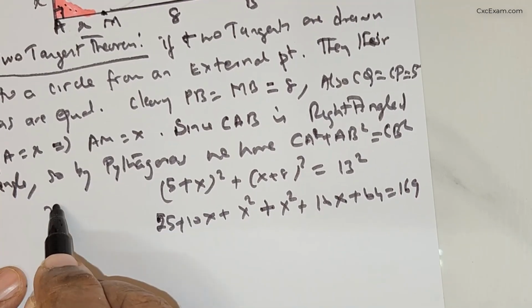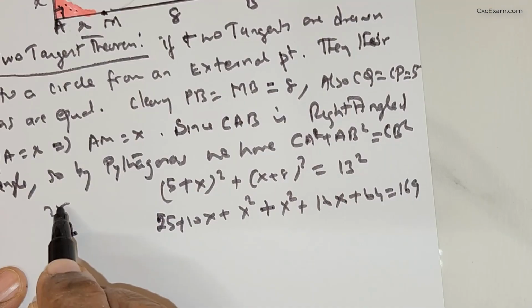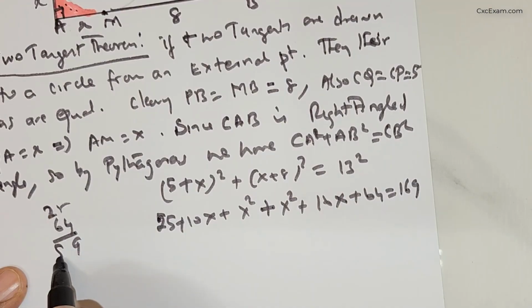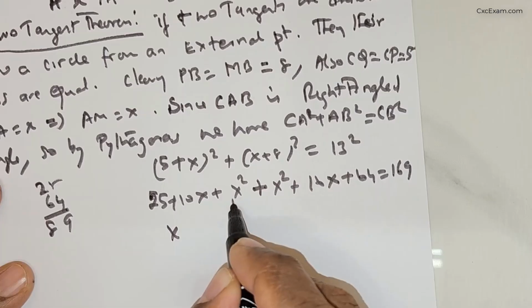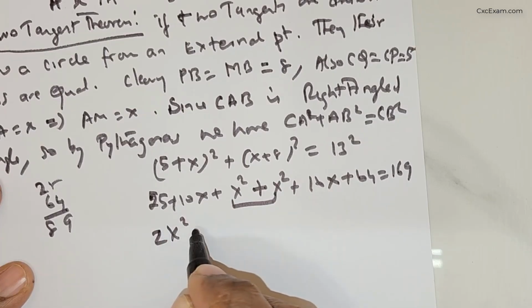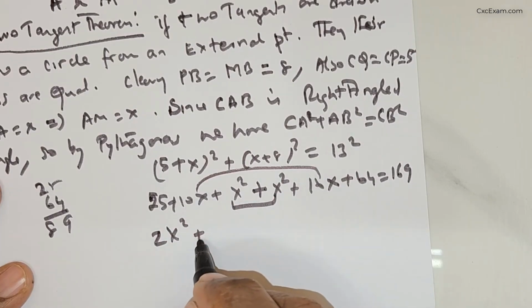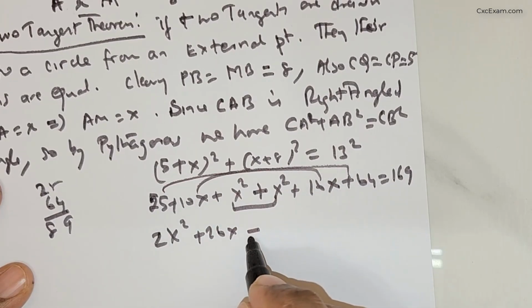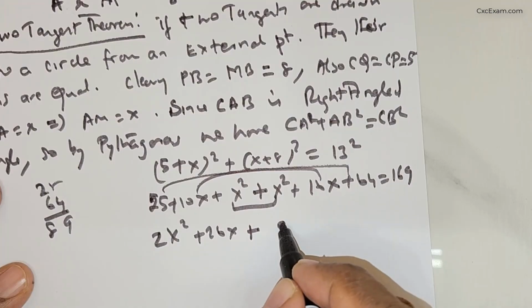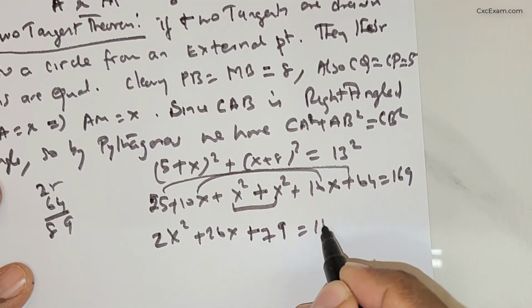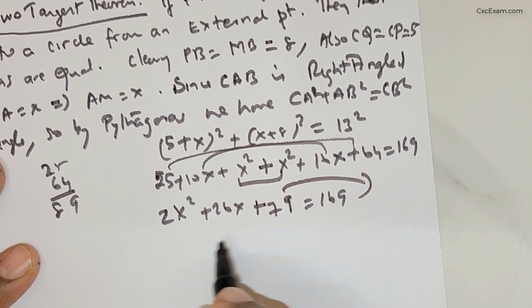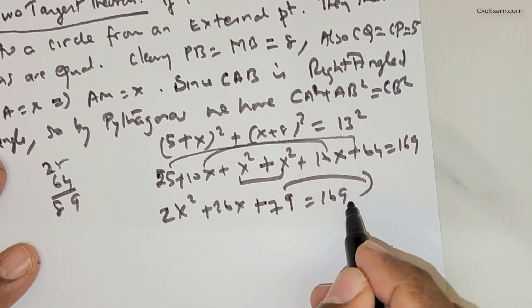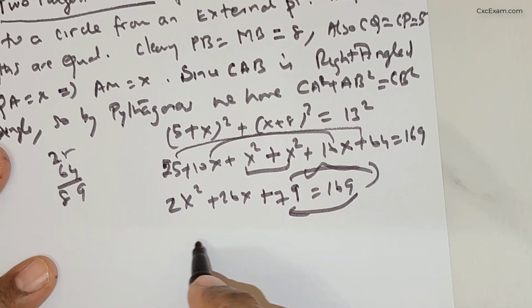So I add 25 with 64, that's going to be 89. I add these two, I get 2x squared. I add these two, I get 26x. I have added these two, so that's going to give me 89 is equal to 169. Bring this to this side.